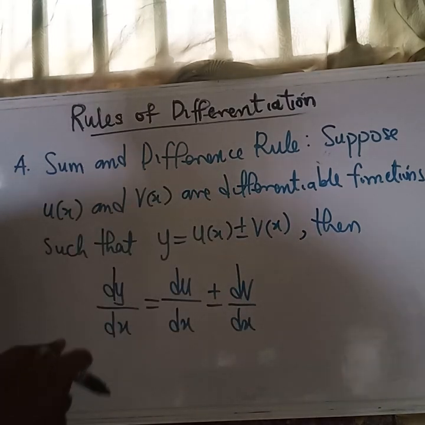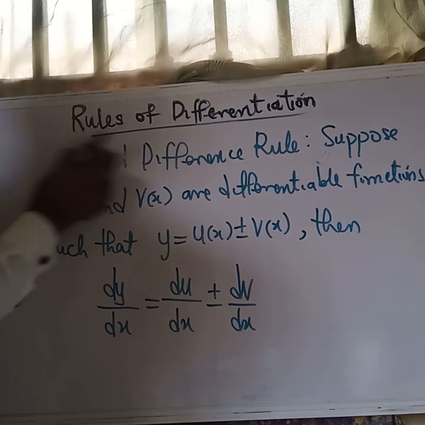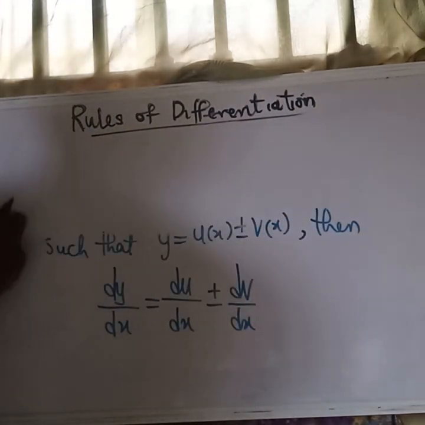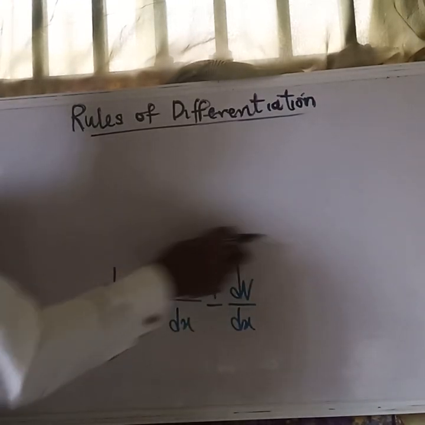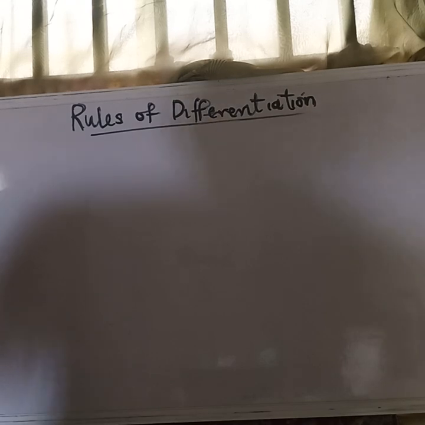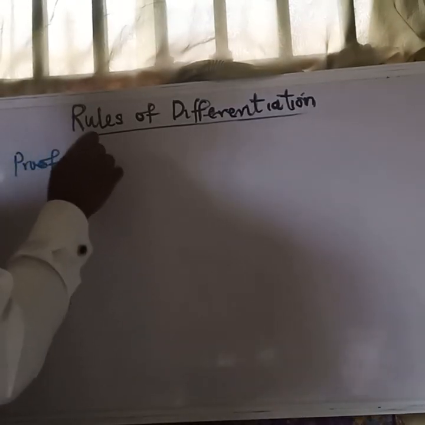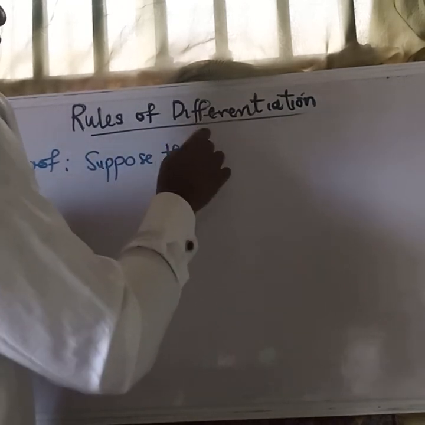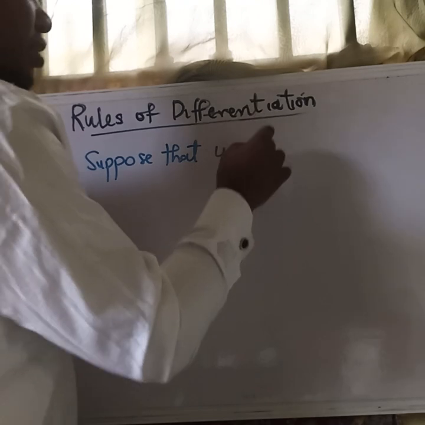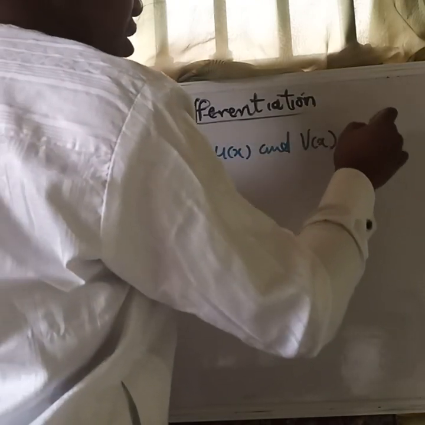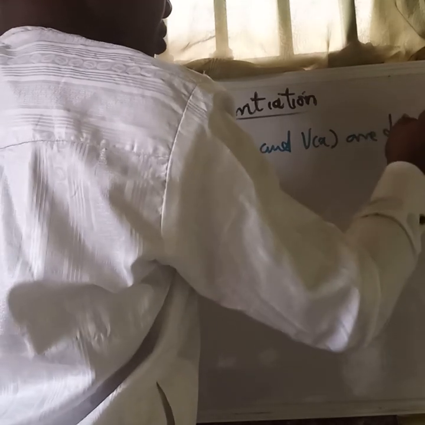So let's see the proof of this. So the proof: we say suppose that u of x and v of x are differentiable.